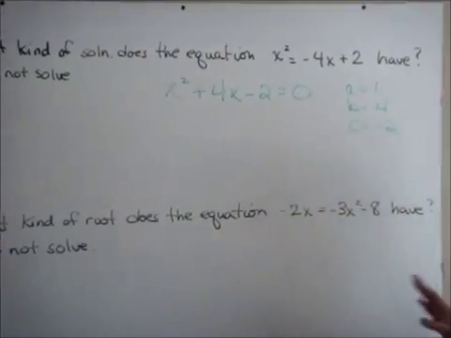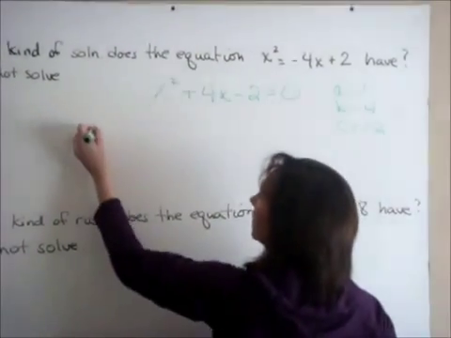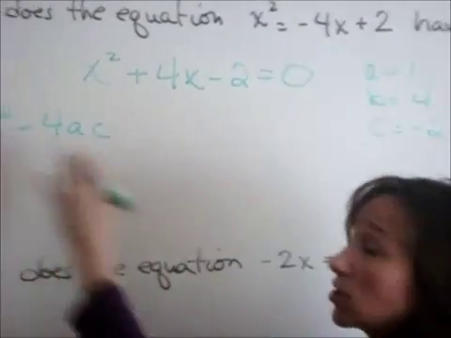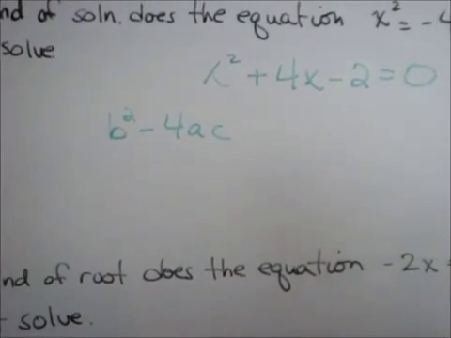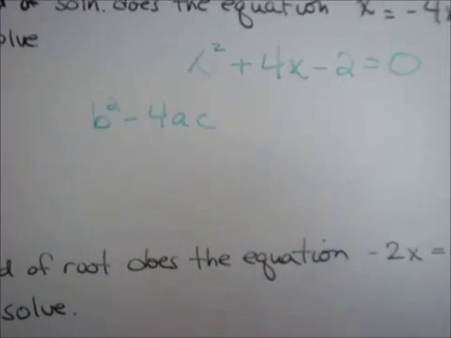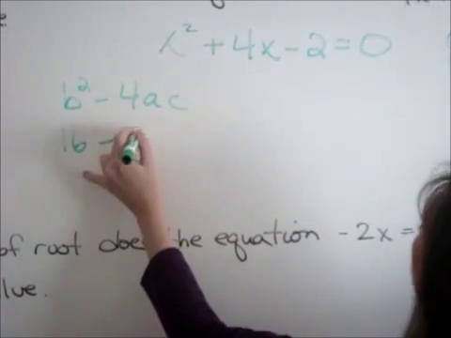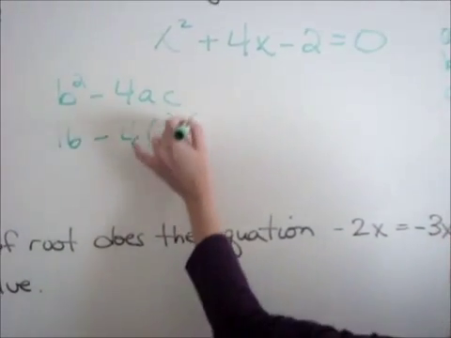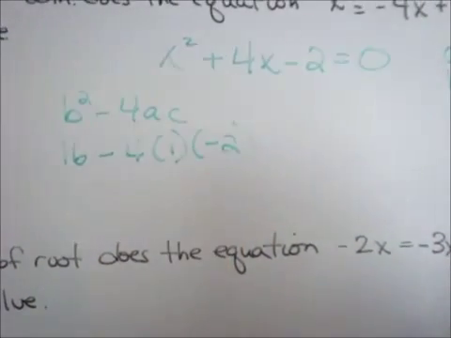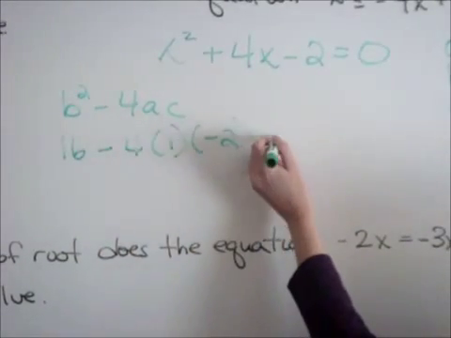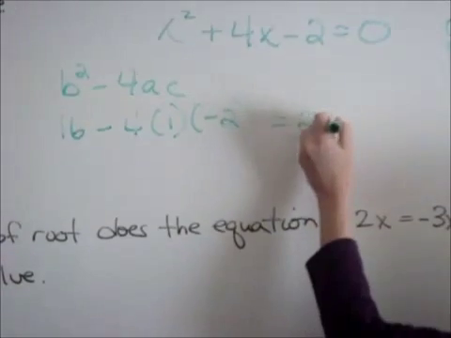And all we have to do is put it in our discriminant. Our discriminant is b squared minus 4ac. We're not going to solve it. We just need to determine what kind of solution we have. So we fill it in. We're going to get 16 minus 4 times 1 times minus 2. And that's going to give us 16 plus 8, which is 24.